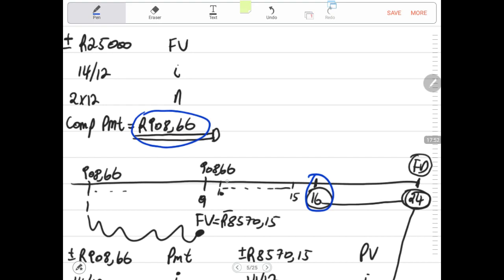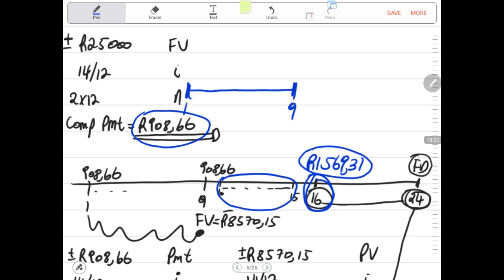But because of the missed payments, from month number 1 up until month number 9, there were payments of 1,908.66.